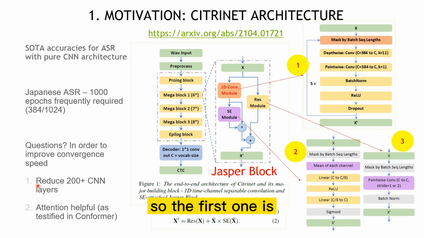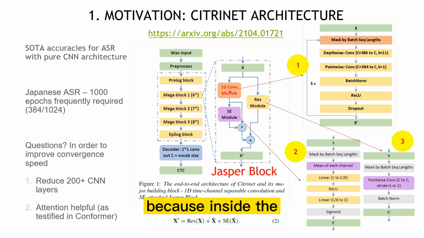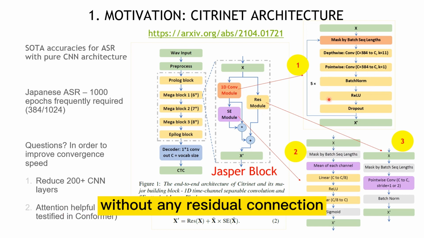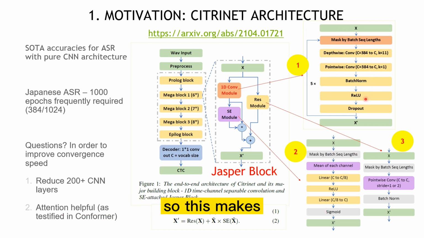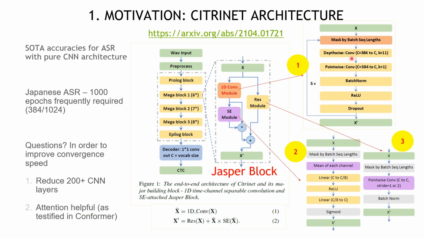So the first one is, can we reduce this more than 200 convolution layers to be less? Because inside the convolution module, there are actually 5 repeats of this network without any residual connection. So this makes the training of this 10 layers of convolution to be relatively slow.